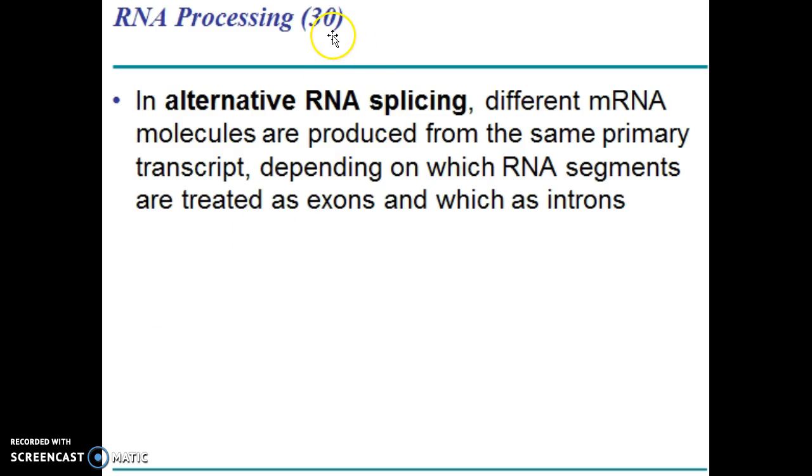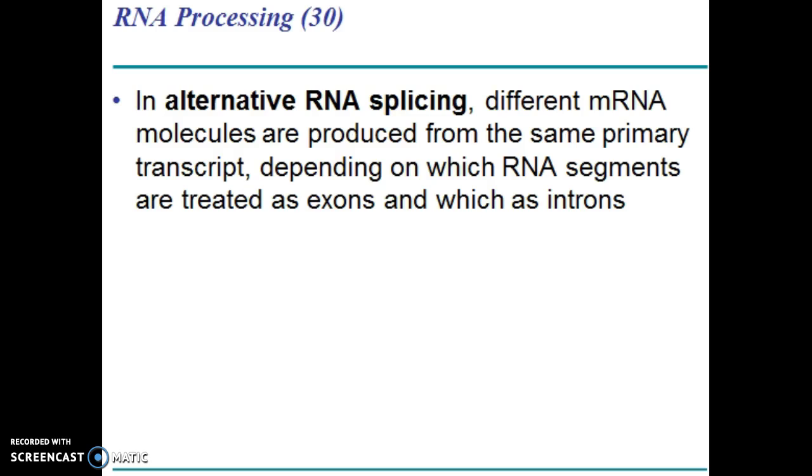We're looking at question 30 now. In alternative RNA splicing, different mRNA molecules are produced from the same primary transcript, depending on which RNA segments are treated as exons and which are treated as introns. So what is an intron and an exon is determined by what type of cell the gene happens to be found in.